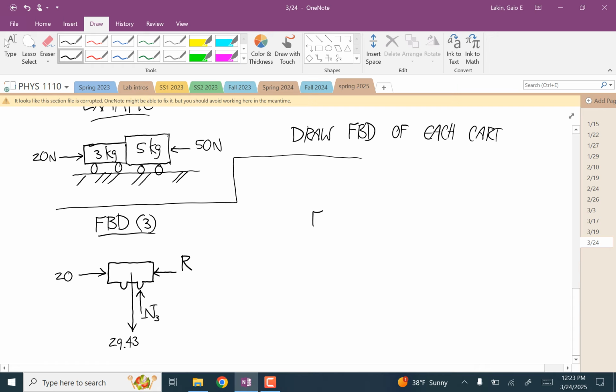Okay, and then free body diagram of the 5 kilogram. We have a weight force down, so that's 5 times 9.81, or 49.05.